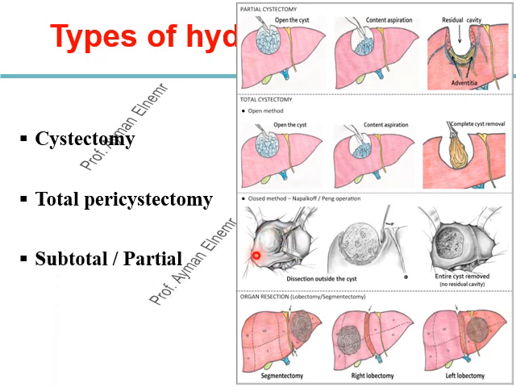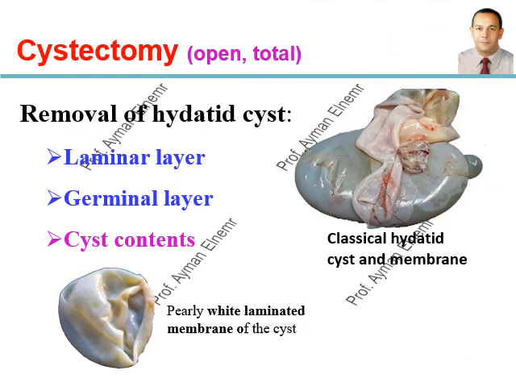The subtotal or partial cystectomy: here the cyst is removed, leaving some parts of the wall if they are adjacent to a major structure. The fourth line of treatment is anatomical resection. This is the open cystectomy in which the cyst is totally removed.